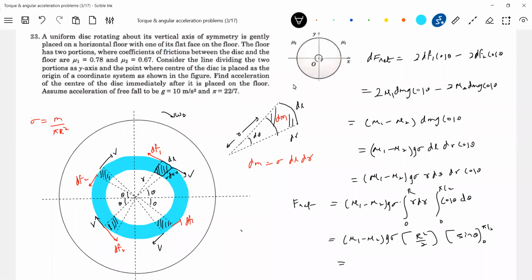Substituting this, the sin theta will become 1. So finally we have sigma times r square by 2.